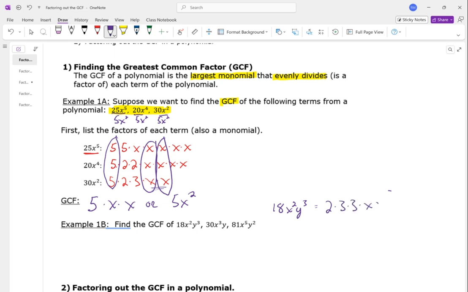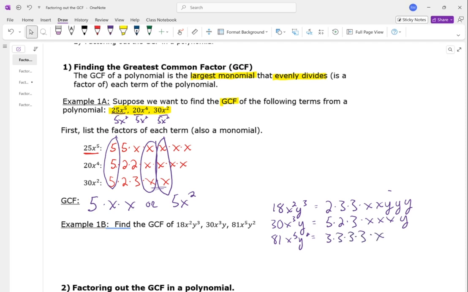We have 2 x's and 3 y's. 30x to the third y would be 5 times 6, which is 2 times 3, and then 3 x's and 1 y. Then 81x to the fifth y squared. That's 9 times 9, or 3 times 3 times 3 times 3. 5 x's and 2 y's.